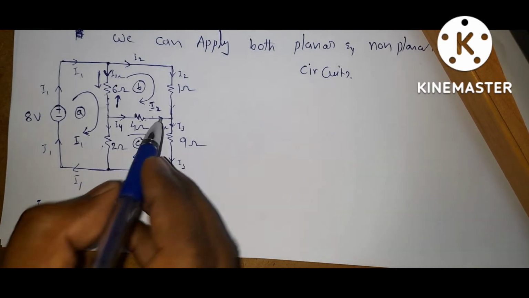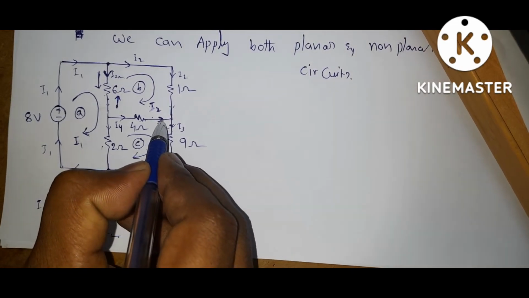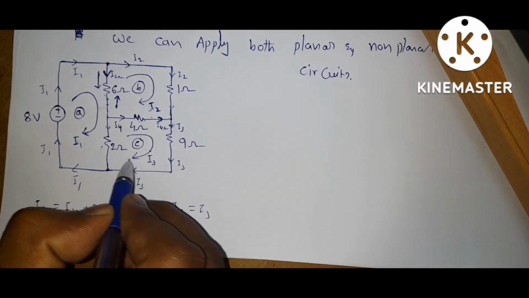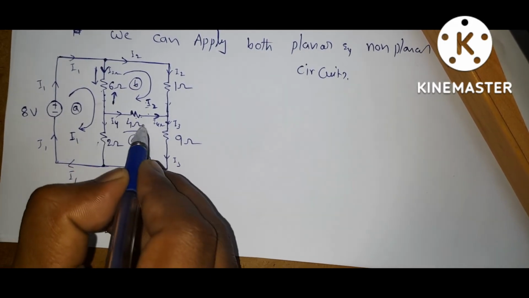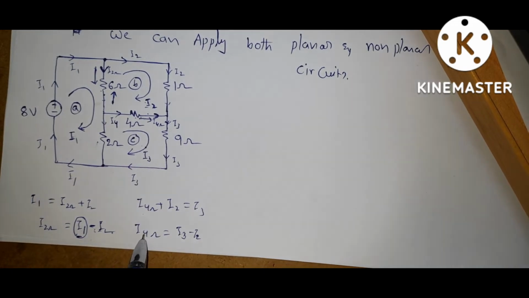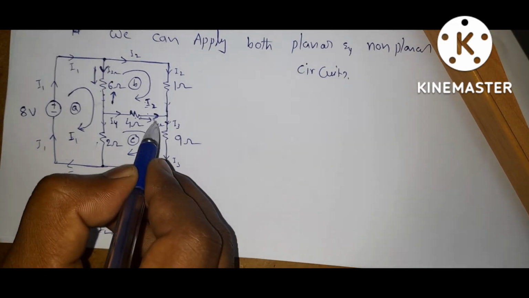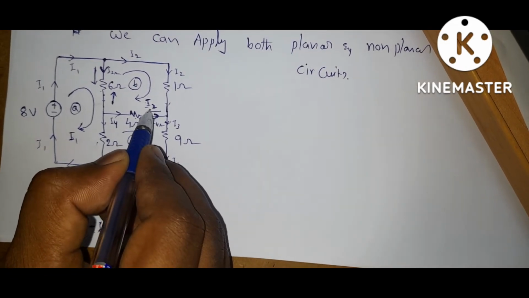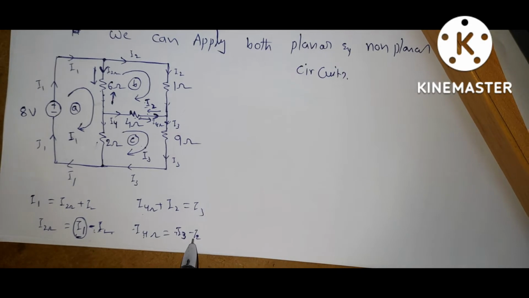See here, this is I 4 ohm. This current I3 is in the clockwise direction, that means the same direction as I 4 ohm, so this is positive. But this I2 is opposite to I 4 ohm, so this is negative.